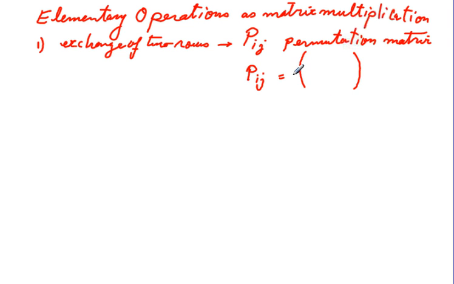So if this is row i and row j, then column i and column j are going to be here.